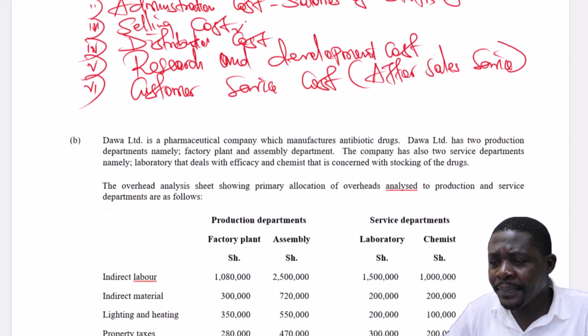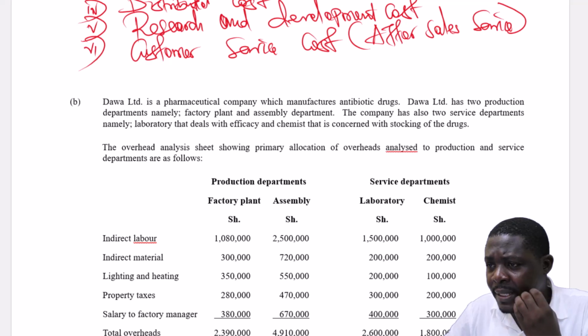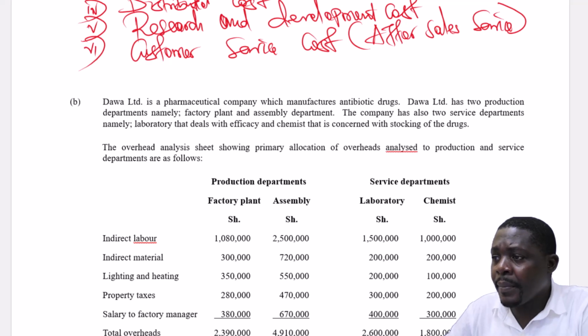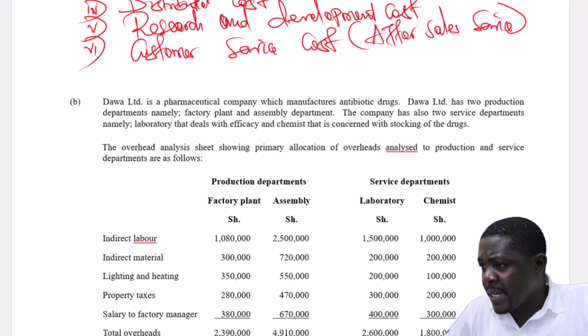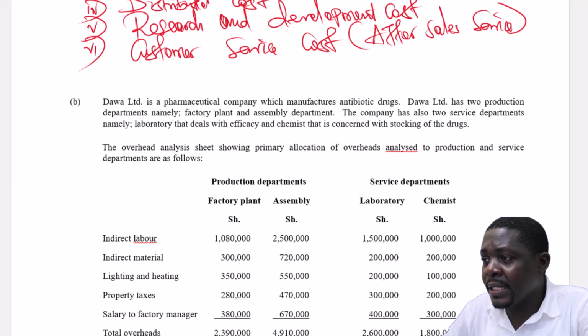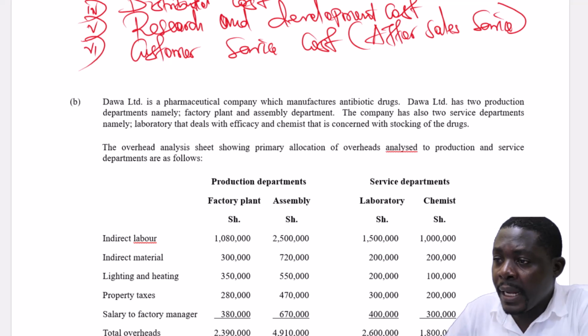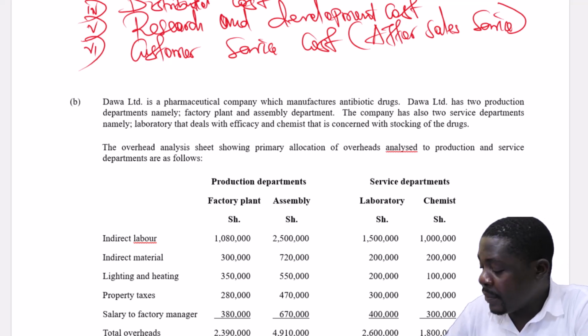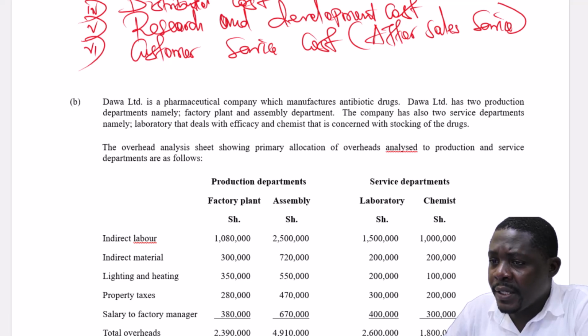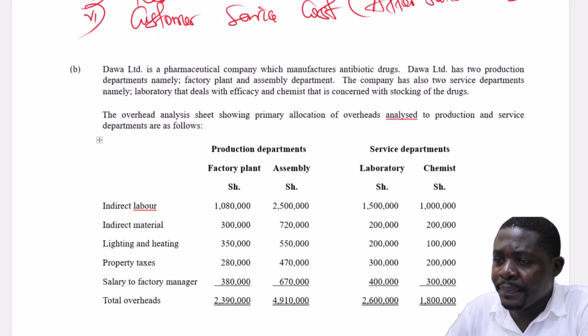But B, Dawa Limited is a pharmaceutical company which manufactures antibiotic drugs. Dawa Limited has 2 production departments, namely factory plant and assembly department. The company has also 2 service departments, namely laboratory, that deals with the efficacy, and chemistry that is concerned with stocking of the drugs.